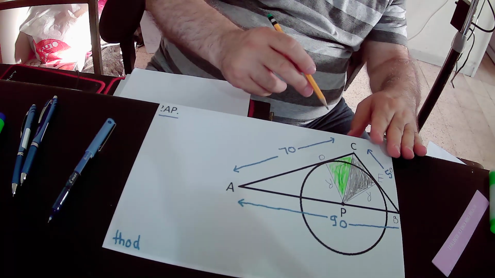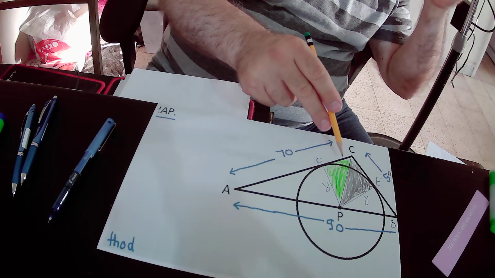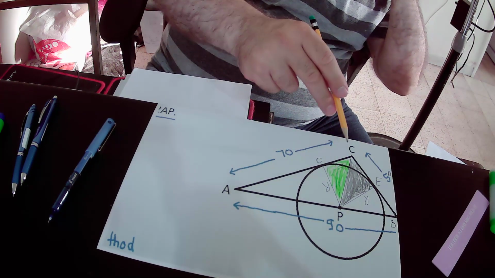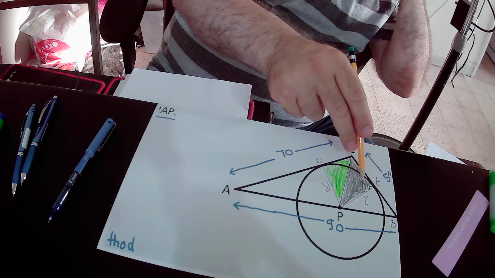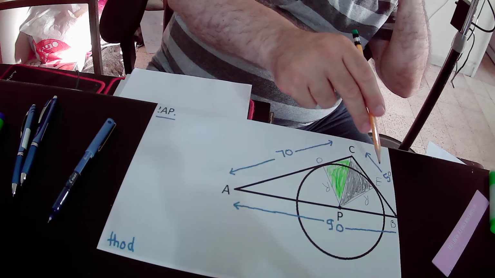Again, three sides of the green triangle, triangle COP, are equal to three sides of the black triangle, triangle CEP.